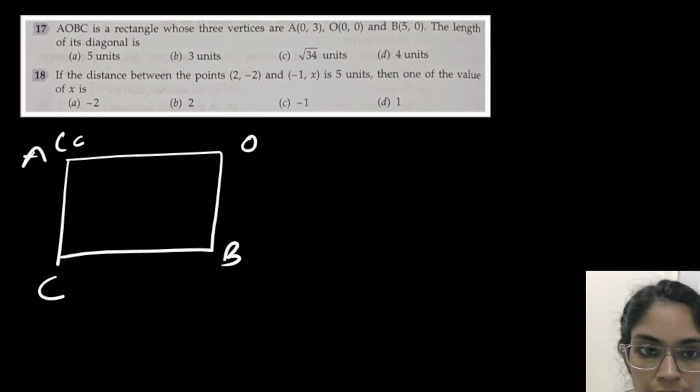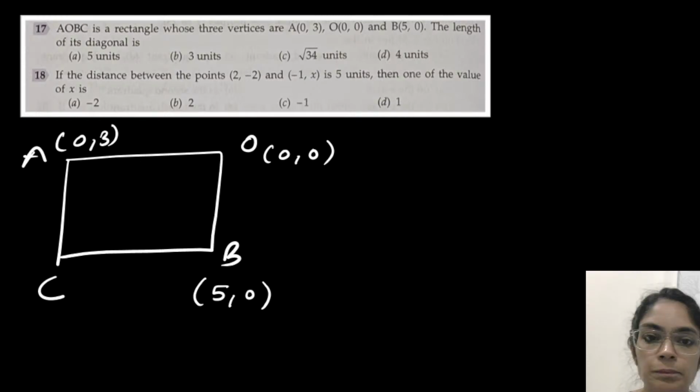Vertices of A are given as (0, 3), O as (0, 0), and B coordinates (5, 0). The length of its diagonal. How to find the length of its diagonal? Diagonal means corner to corner, any line we can join. So AB, if I'm joining, how to find the length of the diagonal?